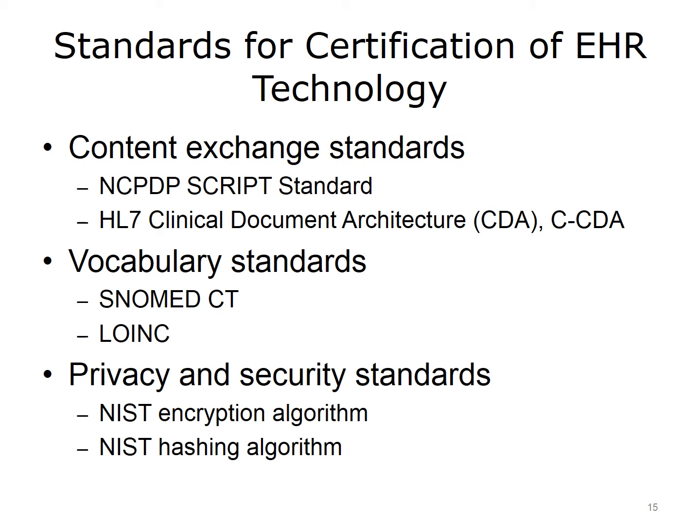For example, one standard is an encryption algorithm identified by the National Institute of Standards and Technology, NIST, as an approved security function in Annex A of the Federal Information Processing Standards, FIPS, Publication 140-2. Another example is a hashing algorithm with a security strength equal to or greater than SHA-1, secure hash algorithm, as specified by the NIST.